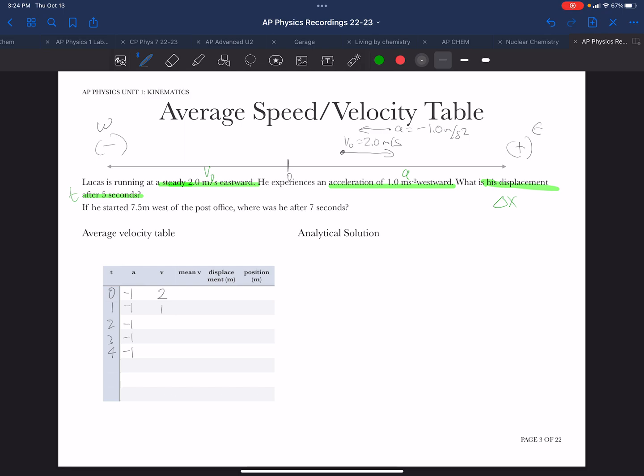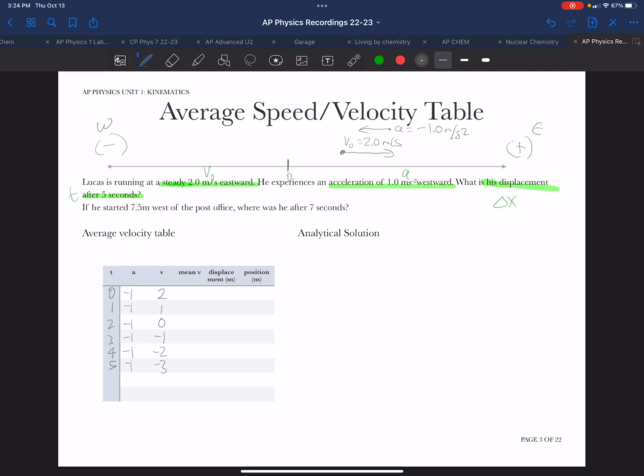So after 1 second, his velocity is 1, and after 2 seconds, it's 0. Aha, so we see that he does actually come to a stop, and we needed 5 seconds. So we want to know where he is after 5 seconds. After another second, his velocity is minus 1, then minus 2, then minus 3. So if the question had asked what his velocity would be at 5 seconds, it would be minus 3.